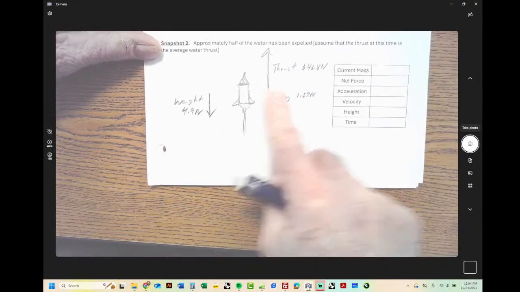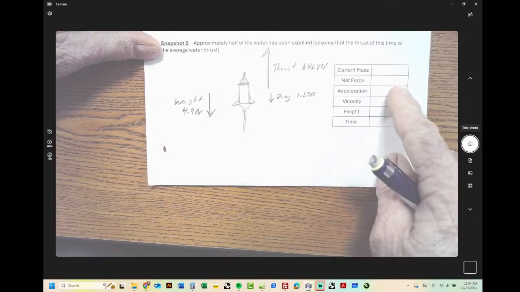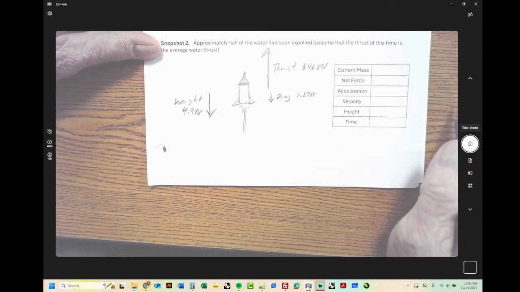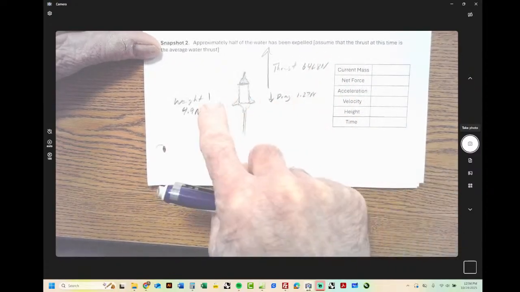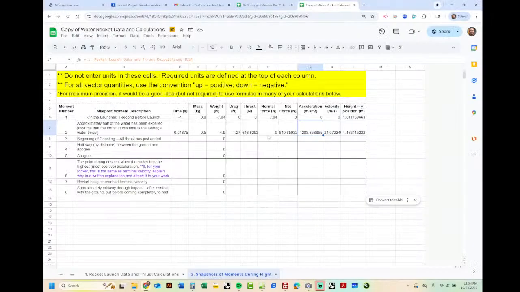Okay, so I've got all those. Just write the other stuff in here, write in the net force. And again, the net force should be this minus this minus this. Keep going at this rate, it's going to take all day. So you can stop watching if you want.